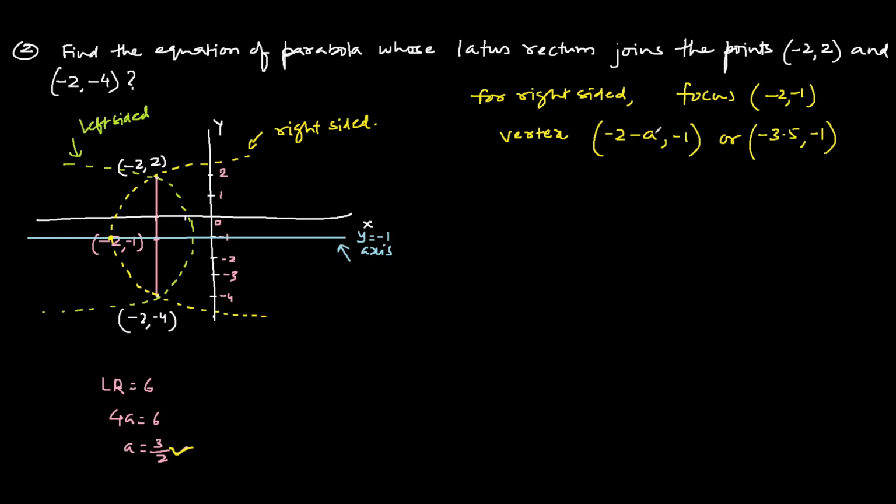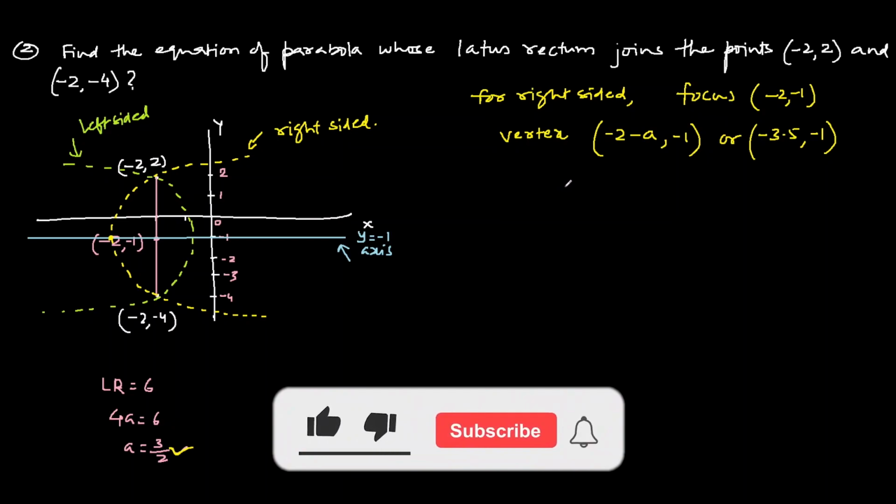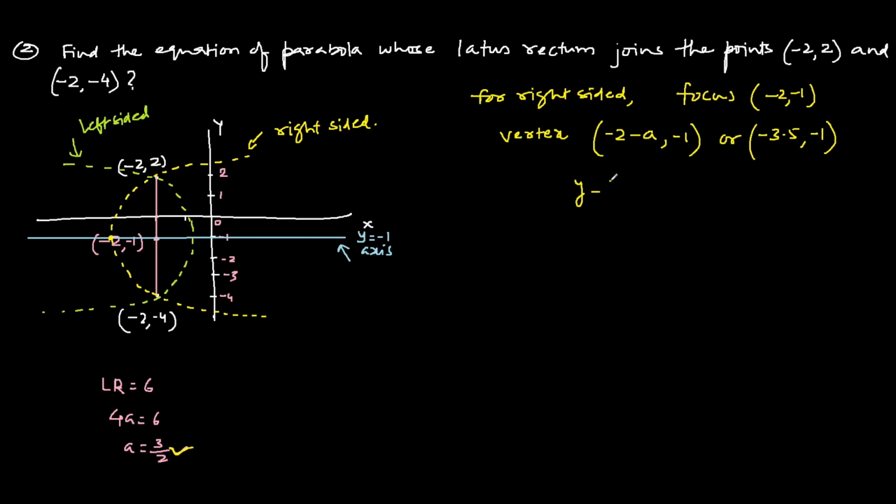This is the vertex for the right-sided parabola, and the axis is parallel to the x-axis. So we can write the equation for this right-sided parabola, that is (y minus (-1)) square equal to 4a (x minus (-3.5)).